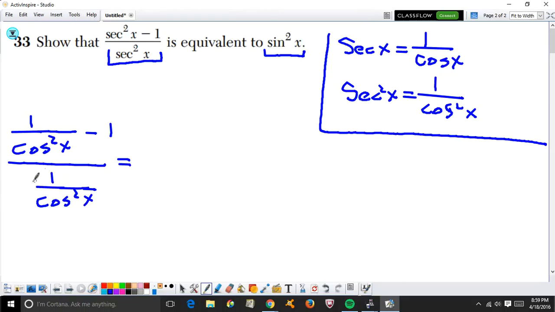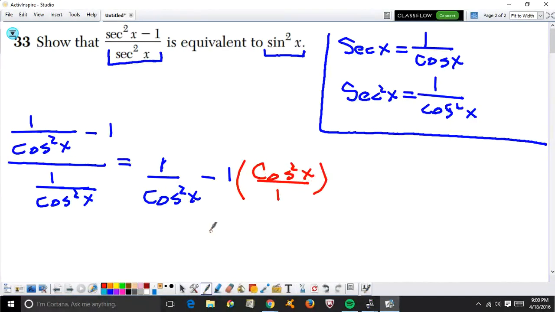In order to get rid of a denominator which is written as a fraction, we can multiply by the reciprocal. So we have 1 over cosine square of x minus 1 times the reciprocal of the denominator, which is cosine square divided by 1.